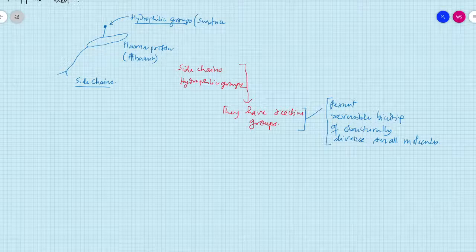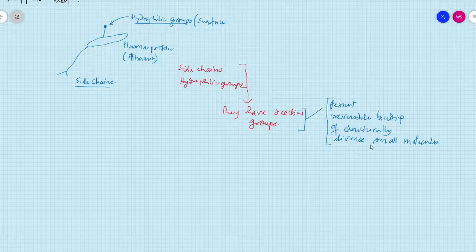Meaning this plasma protein can bind to drugs which have a varying structure. It's not like a receptor binding to a particular structure.